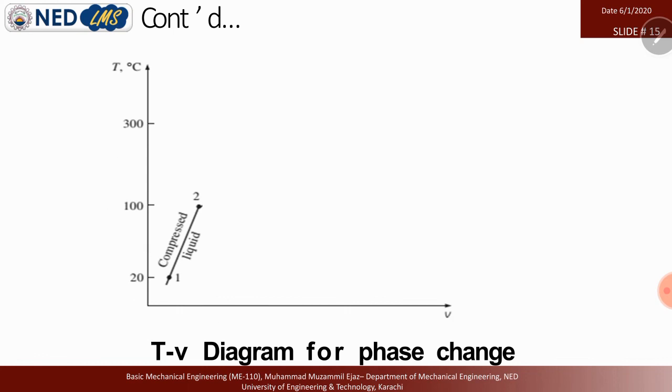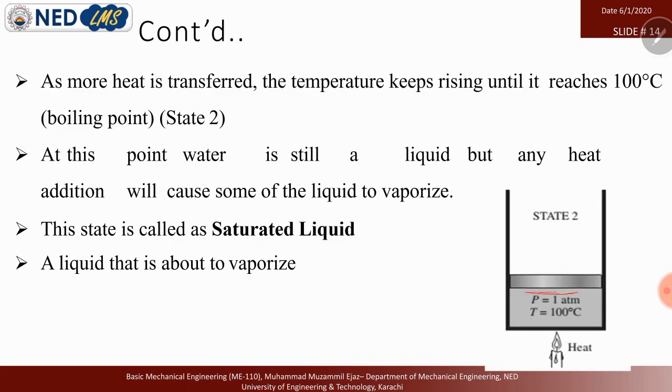By studying this temperature versus volume diagram, when we are heating the water up to its boiling point, the volume increases. If you see in this picture, while keeping the pressure constant, the volume increases. By heating from 20 to 100 degrees centigrade, the volume of this system increases because the pressure is constant.